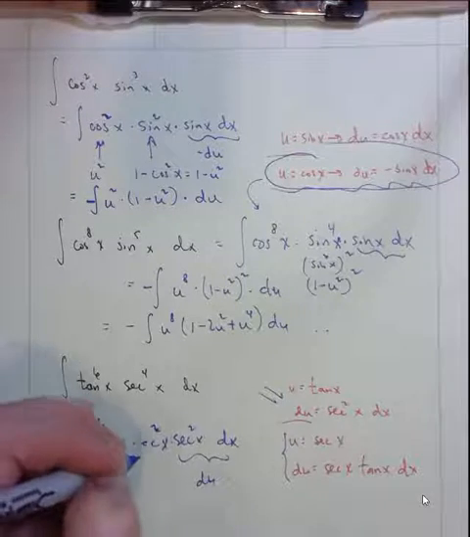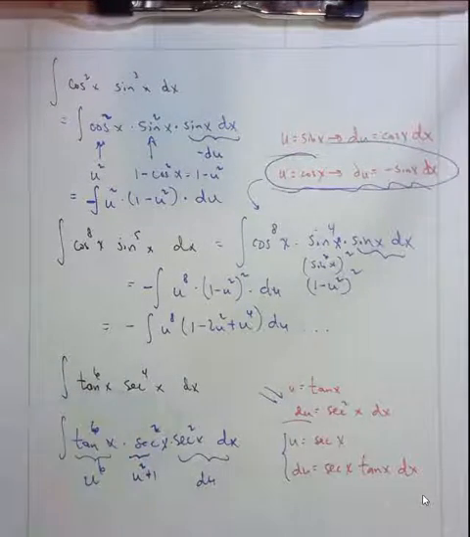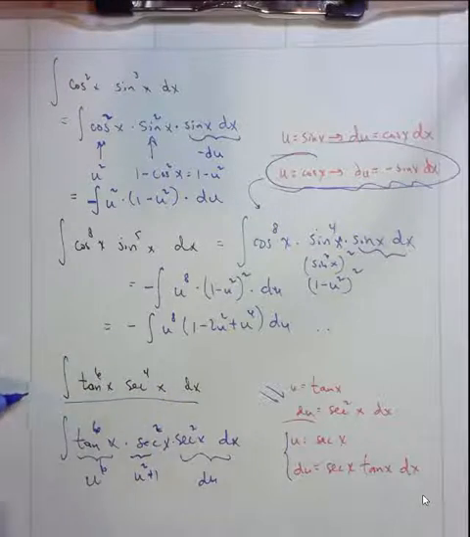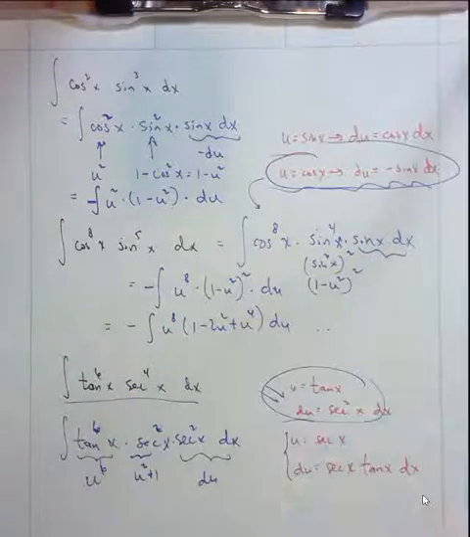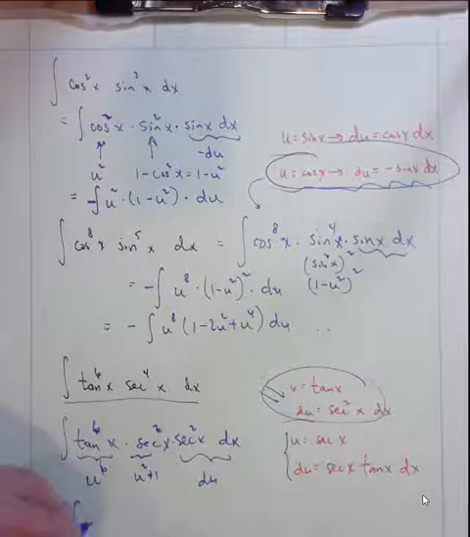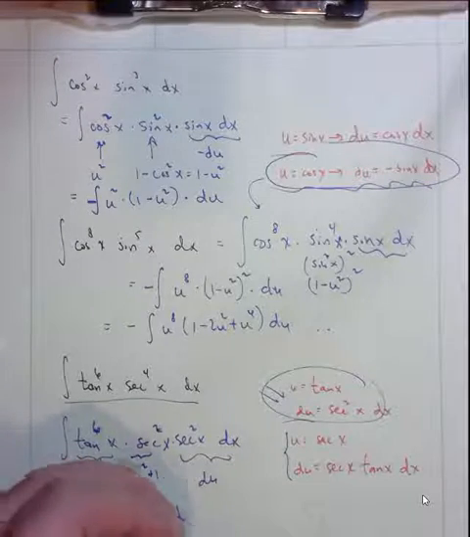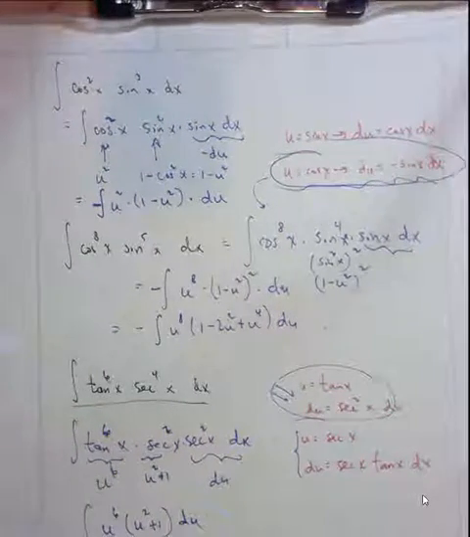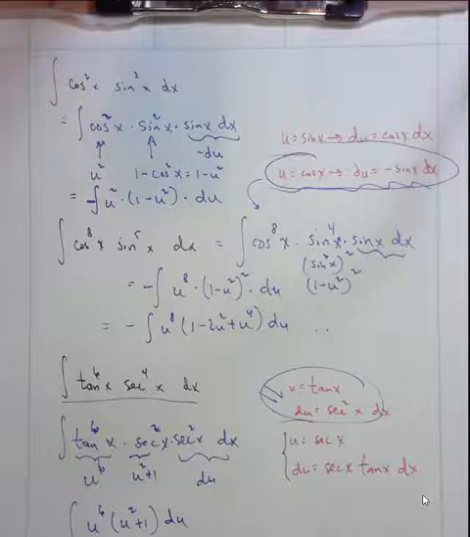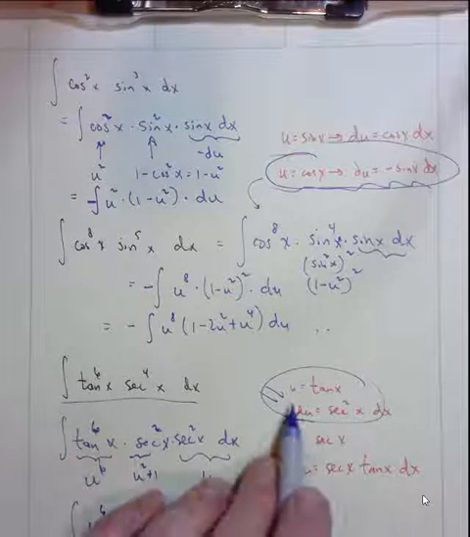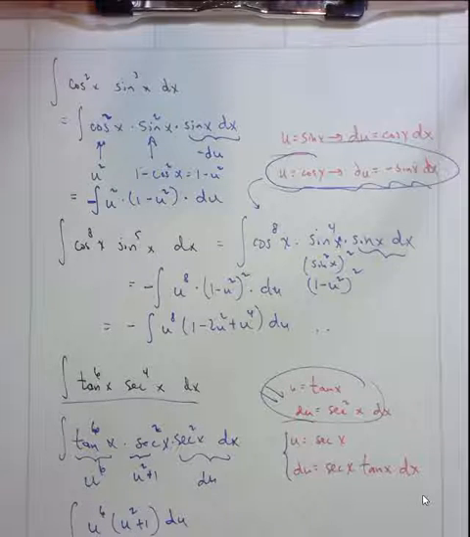And so this is u squared plus 1. And so I start with this antiderivative, I use this substitution with a trigonometric identity in play, and I've converted the whole thing into a power rule problem. And now I need to solve that antiderivative. I'd multiply it out, I'd use the power rule a couple of times, and then I would reverse my substitution back to the original variable.